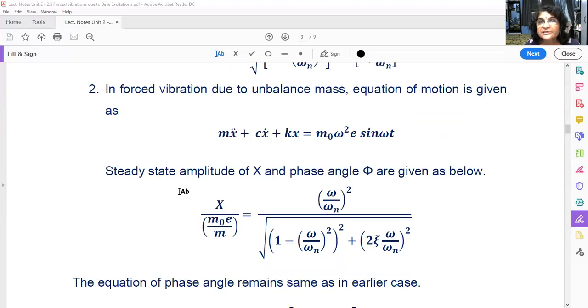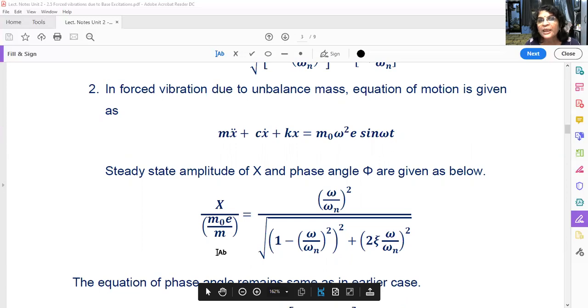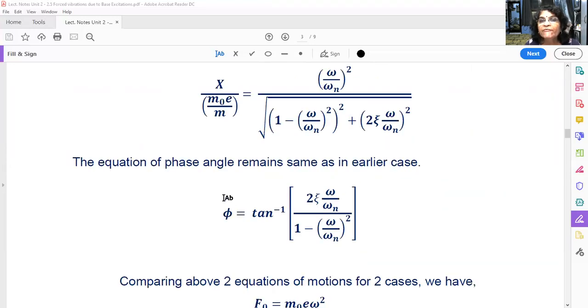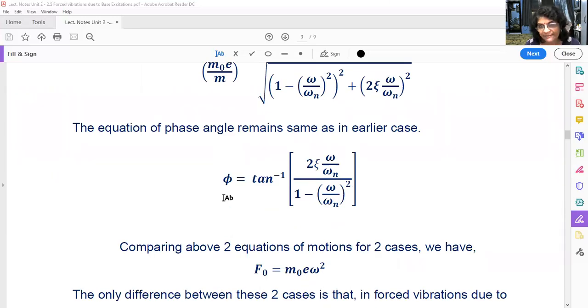Then the steady state amplitude in dimensionless form is given by X upon (mo e upon m) is equal to (omega upon omega n) square upon the whole square root. As I told you, this square root is common in all terms. Then the phase angle was the same.